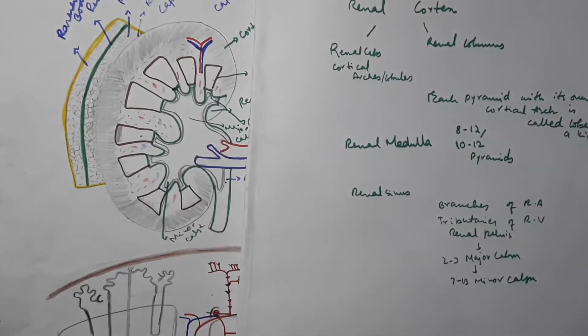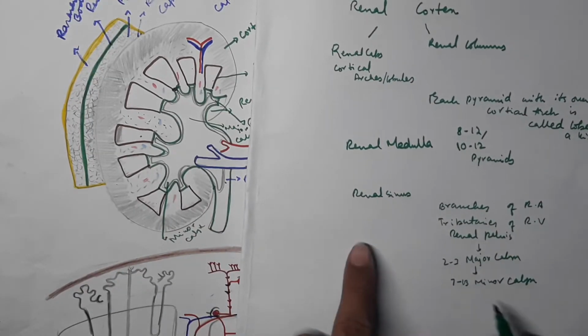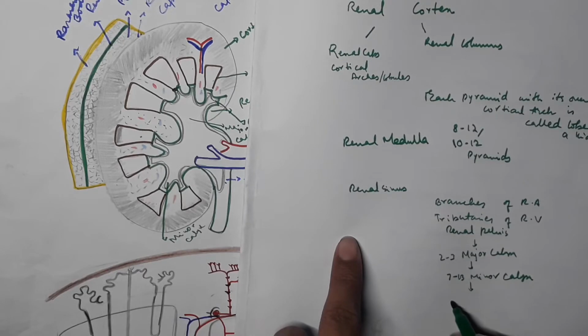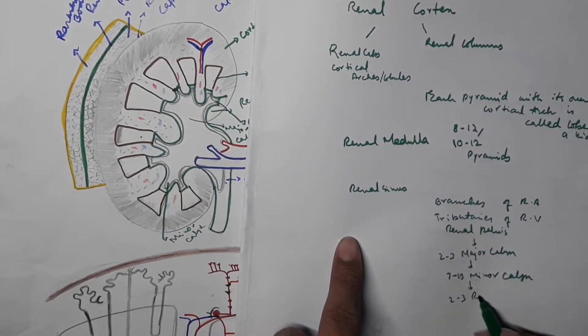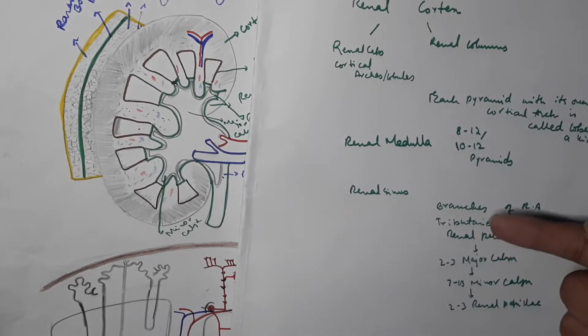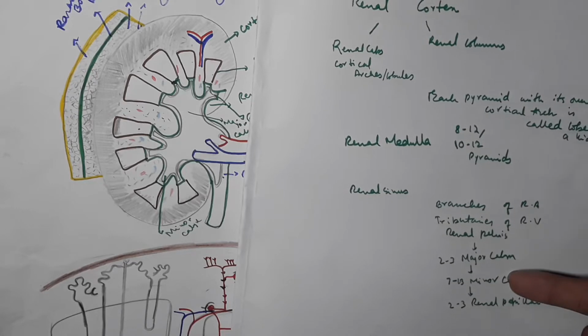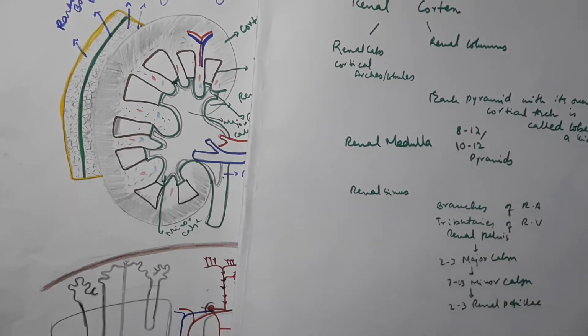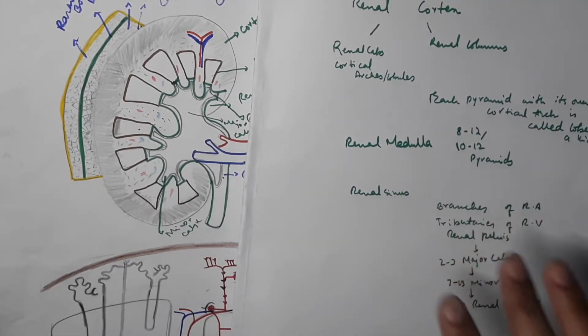Then each minor calyx is expanded to indent 2 to 3 renal papillae. So in which order is the renal pelvis arranged? Renal pelvis, major calyx, minor calyx, renal papilla. This is this part of the renal sinus.